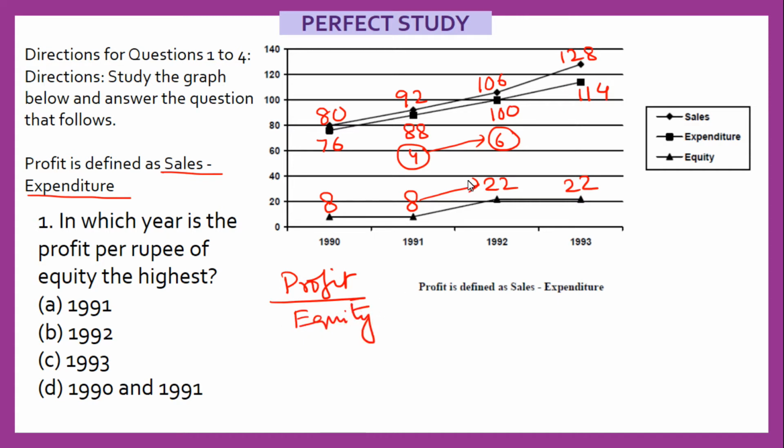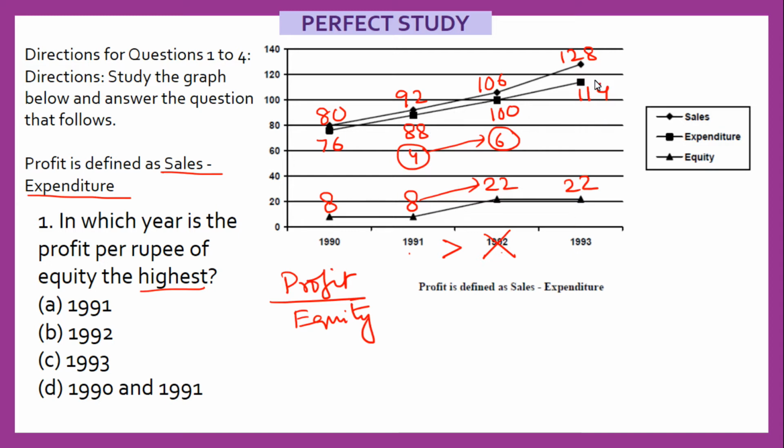Now what is happening, your denominator is becoming more than double, but the numerator is less than double, which means your 92 value will be less than 91 value. 91 value will be greater than 92 value. When the rate of increase in denominator is more than the rate of increase in numerator, the fraction value decreases. Now because I need the highest, I am excluding 92, it will not work out. Now let's see for 93.